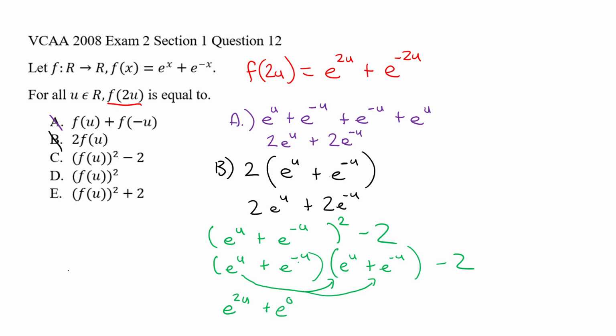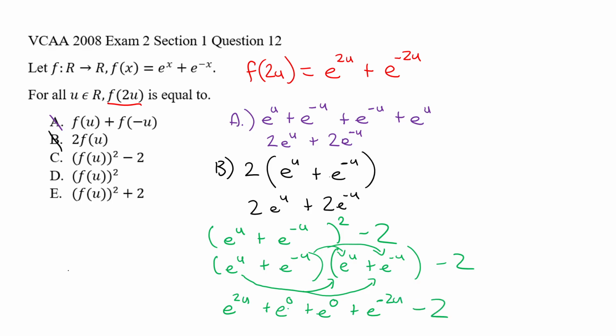Then e to the power of negative u times e to the power of u: negative u plus u is 0. And then e to the power of negative u times e to the power of negative u, which is negative u plus negative u, giving me negative 2u.